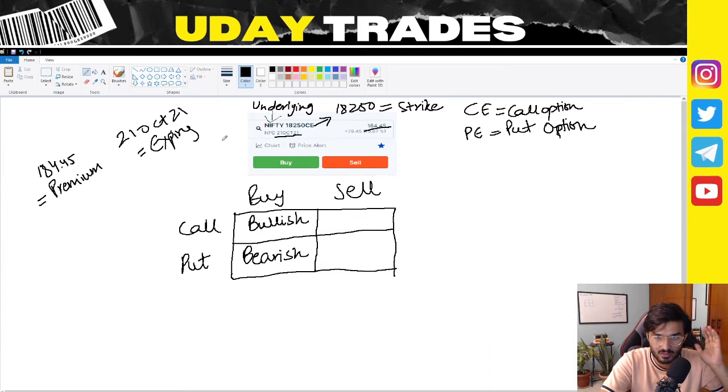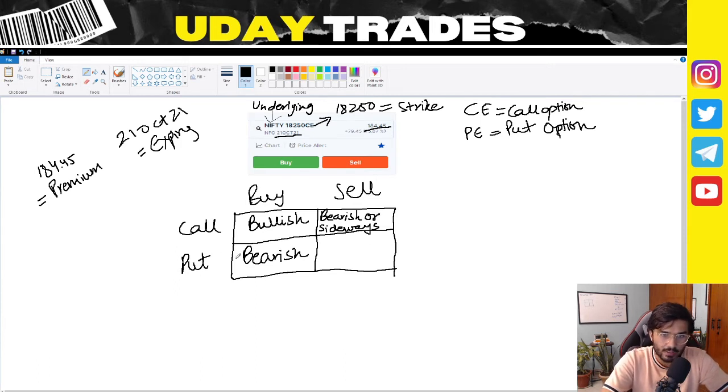The option premium starts decaying if there is no volatility and the underlying market is in a sideways trend. So here you would profit when the view is bearish or sideways.